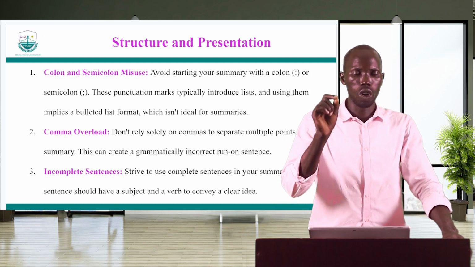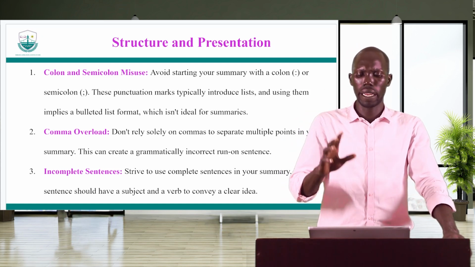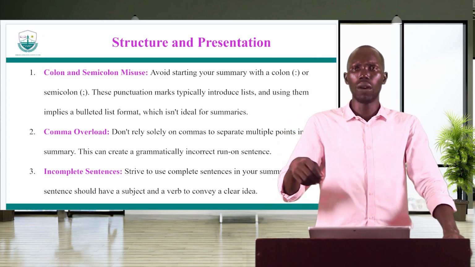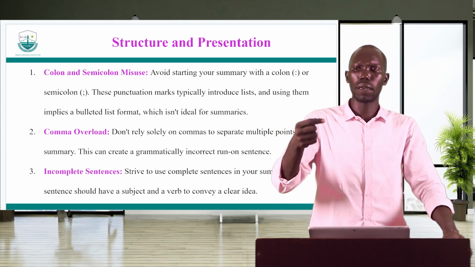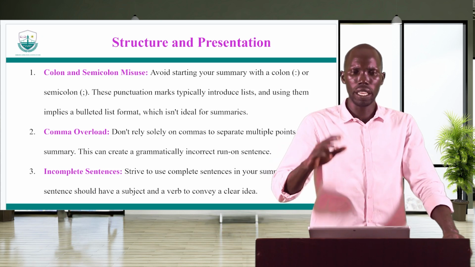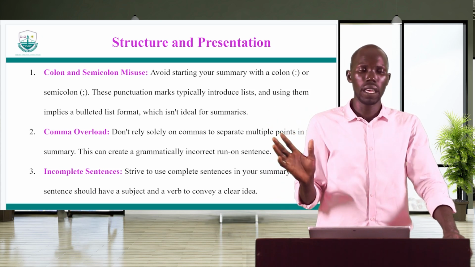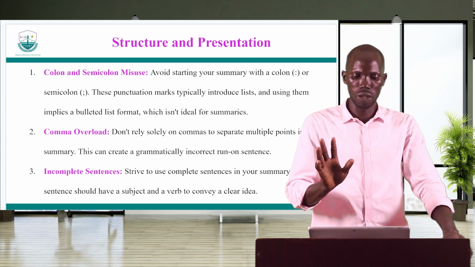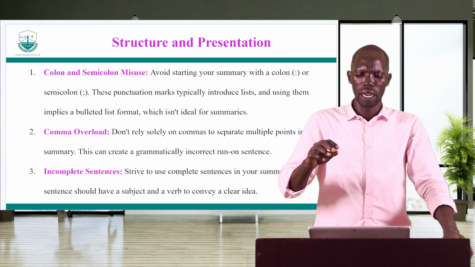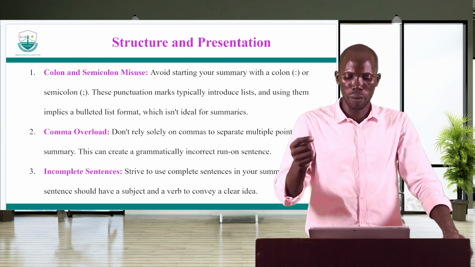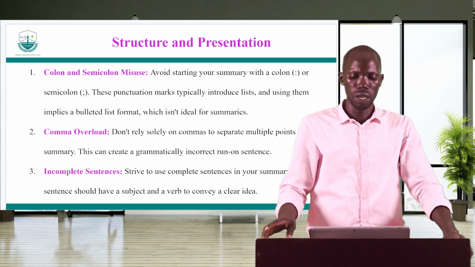In addition to starting your summary with a semicolon and a full colon, you should also avoid a comma overload. There are a number of learners who think that once they're mentioning the points, each point should be separated from the others using a comma. That is not right. You don't have to rely solely on commas to separate multiple points in your summary.